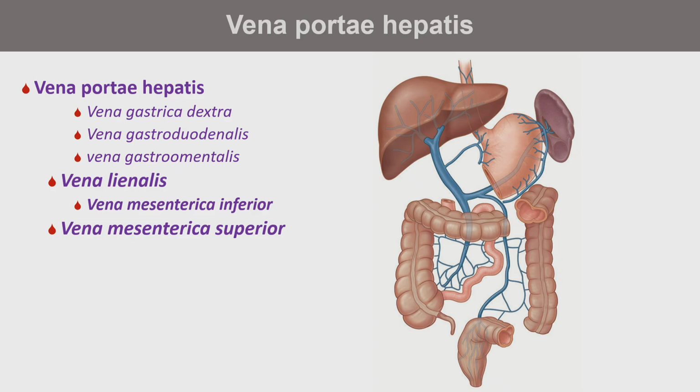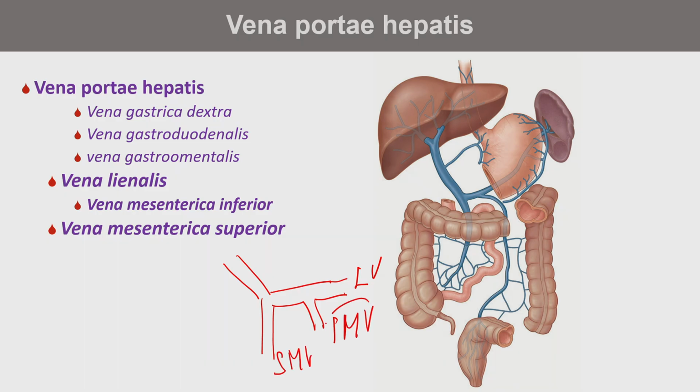So the original situation is like this. This is the typical way of branching. So this is a lienal vein, inferior mesenteric vein, and superior mesenteric vein. The inferior mesenteric vein typically flows into the splenic vein.